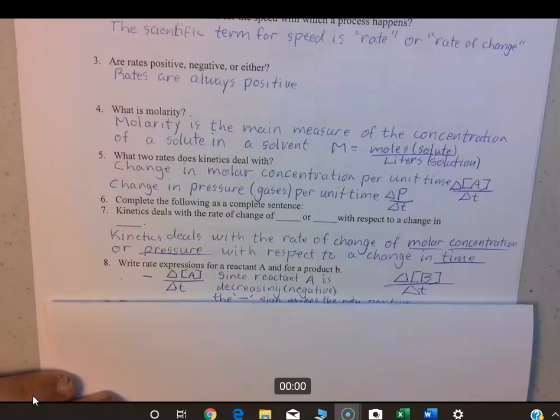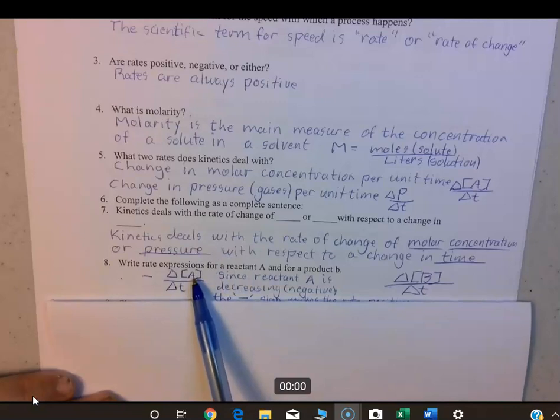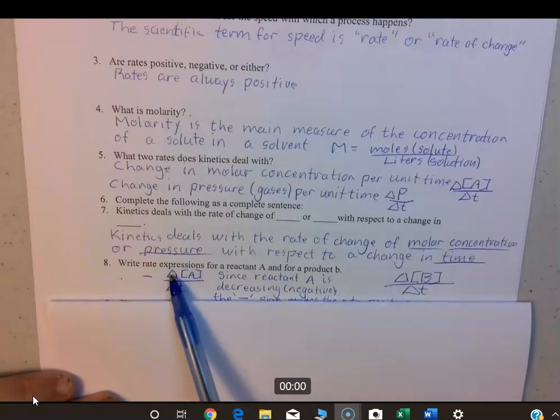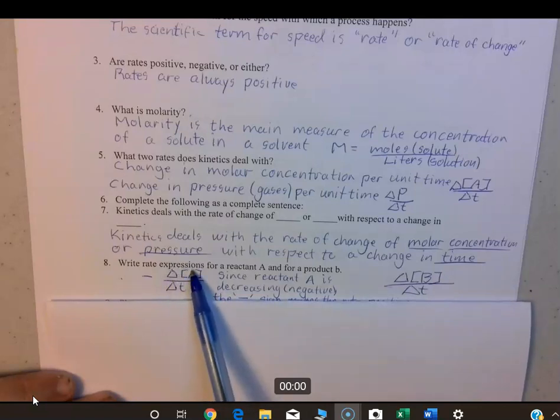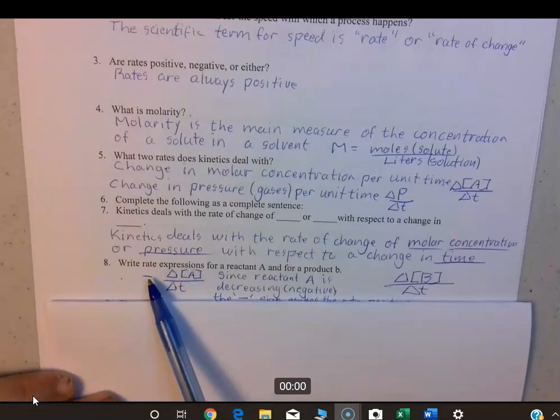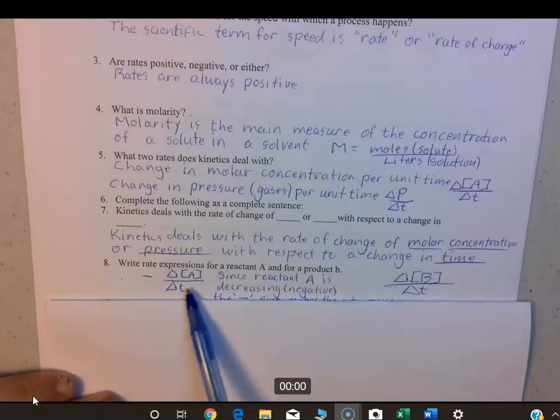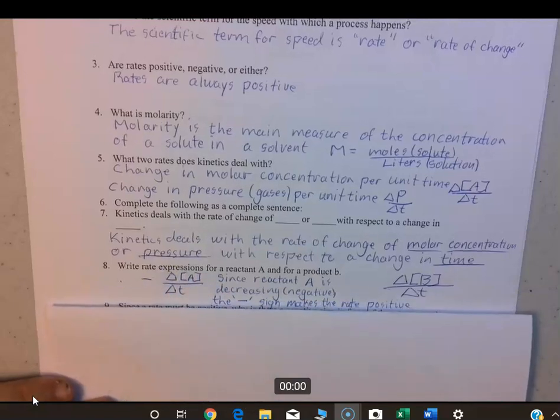You create products on the right side. So it's a change in the concentration of the reactant per change in time. Since this is a negative number, even though you don't see a negative sign inside of this, it is a negative number. And since rate has to be positive, we're required to put a negative sign out in front. So it makes this entire term a positive number.